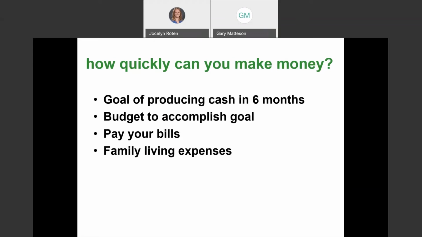One of the things, not that you have to borrow money in order to go into a farm business, but as you think about the other parts of your life that you're going to have to be able to continue with as you start up a farm business, is you've got to pay your other bills.